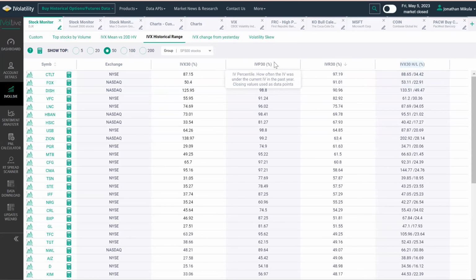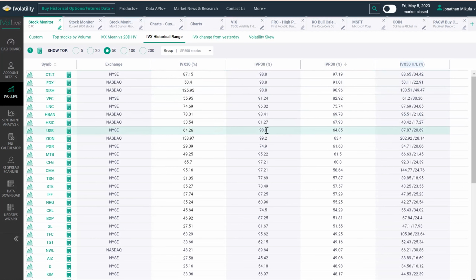IVP30, this is one of my favorite measures. Anybody that's heard me do these before knows I love IV percentile, because what this tells me is how significant the current implied volatility reading is. So a 98.8 means, look, this stock has traded with a lower implied volatility 98.8% of the time over the past year, meaning this high implied volatility is statistically significant.